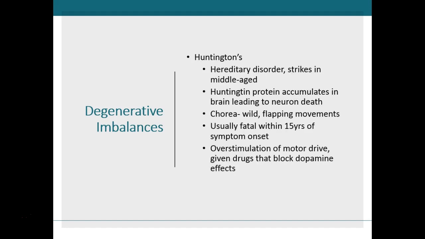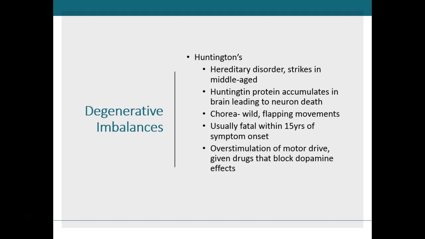Huntington's disease is an inherited disorder which typically affects people that are middle-aged. It leads to the accumulation of a huntingtin protein, not Huntington's, but huntingtin protein, that accumulates in the brain, and that leads to neurons dying.